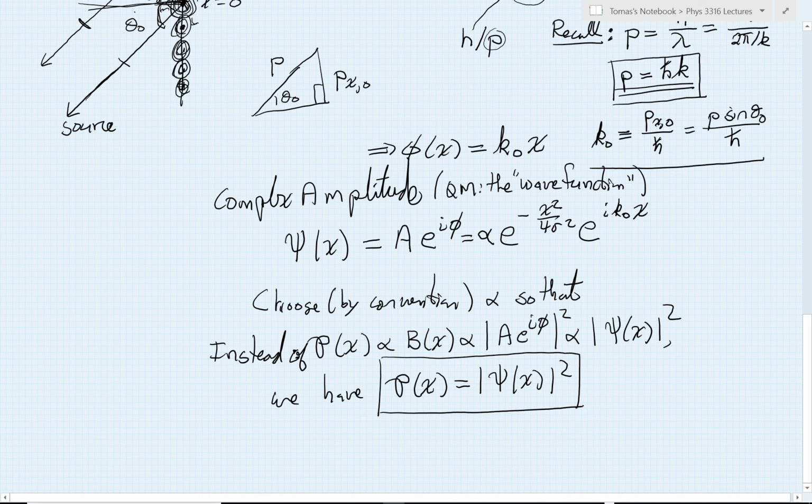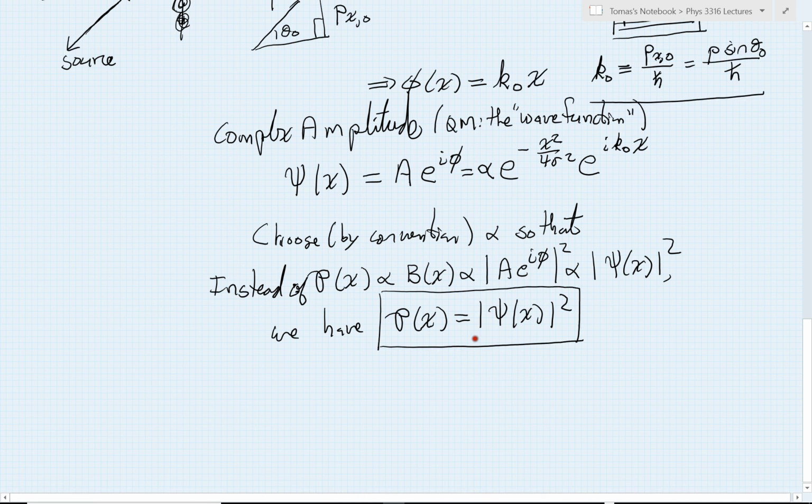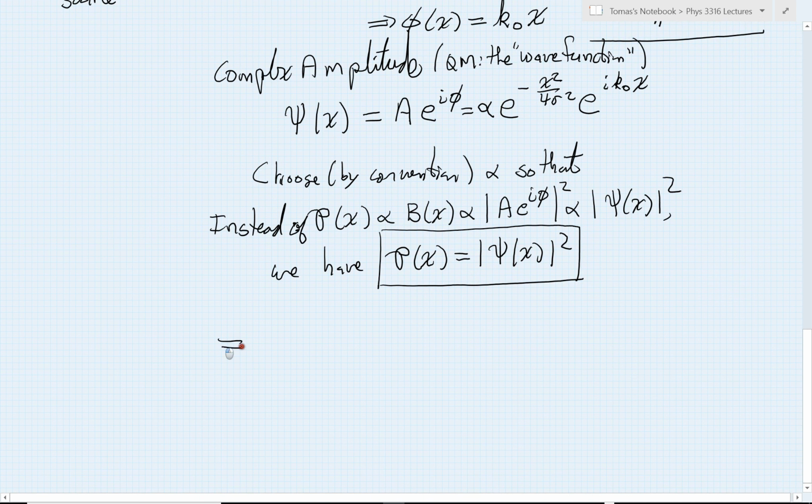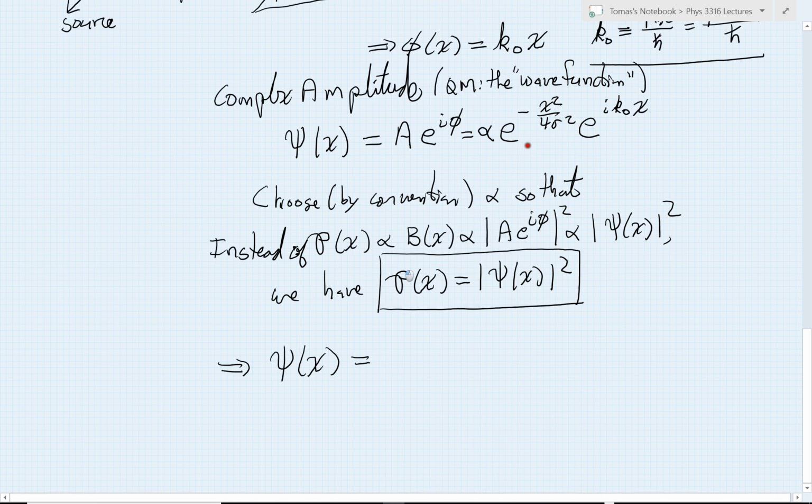And in this case, we've actually already figured out what would make that happen. This shows you that the magnitude of my wave function is just the square root of my probability. So the magnitude of my wave function is a product of a magnitude and a phase. The magnitude is the square root of my probability.